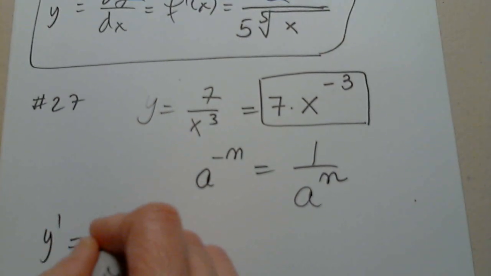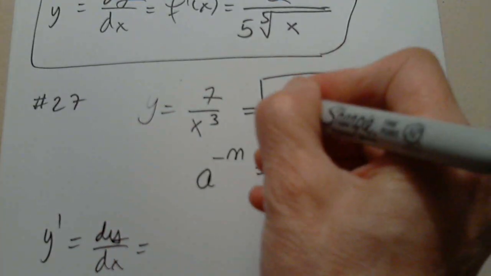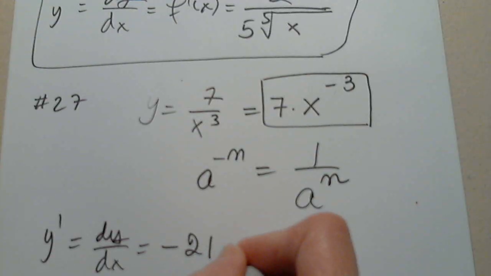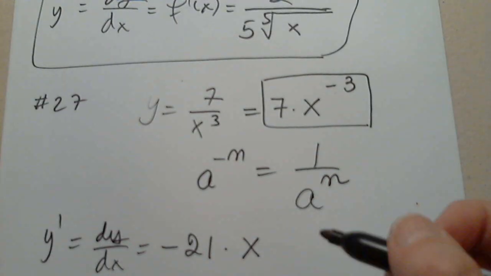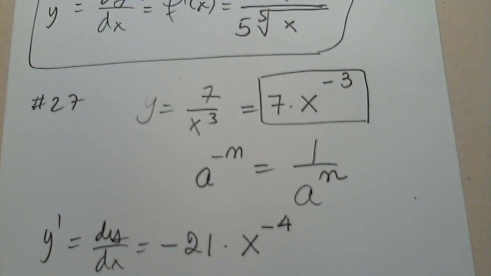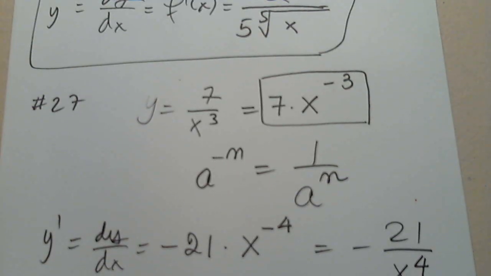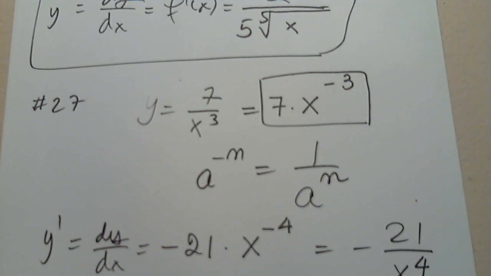So then y prime or dy over dx, etc. I bring down -3. It's -21, and I multiply by x to -3 minus 1, which is -4. And yes, I have to rewrite it like this. So please remember, 1 over x cubed can be replaced by x to -3.